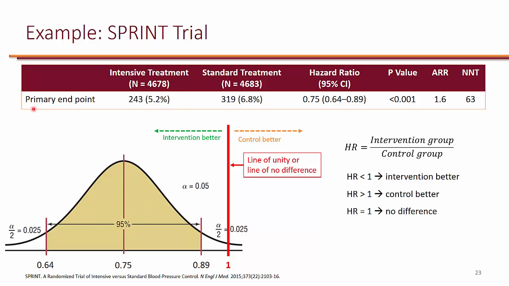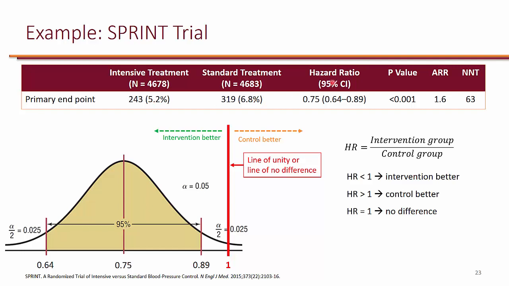So for that primary endpoint, the rate of the event was 5.2% in the intervention compared to 6.8% in the control group. So obviously 5.2 and 6.8 are different. The question is, is this a statistically significant difference?